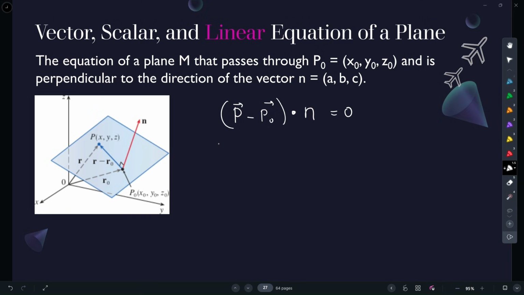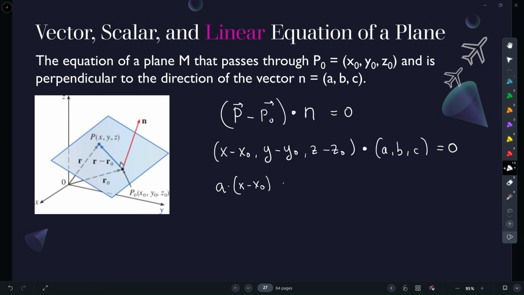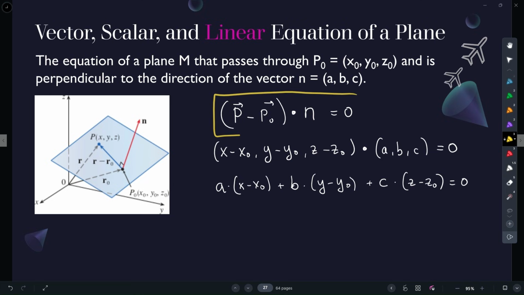If I put this in coordinates, then this is x minus x naught, y minus y naught, z minus z naught, dot a, b, c is 0. And if I expand this dot product, what I get is a times x minus x naught plus b times y minus y naught plus c times z minus z naught equals 0. And again, this is the vector equation.